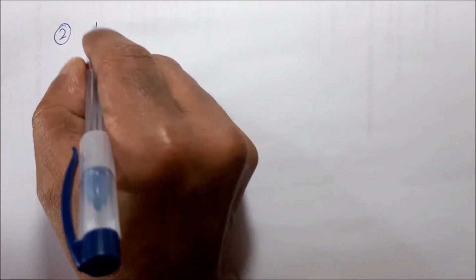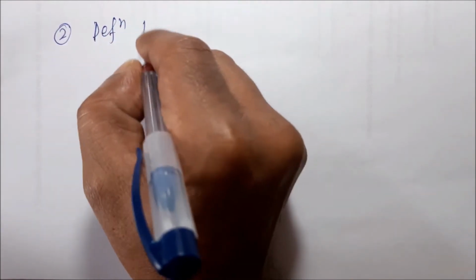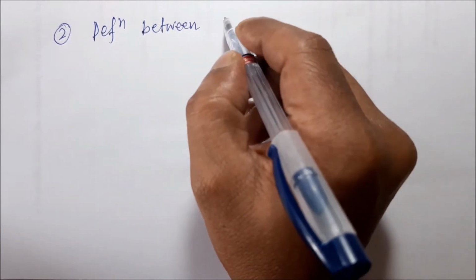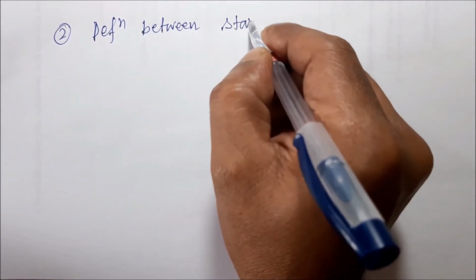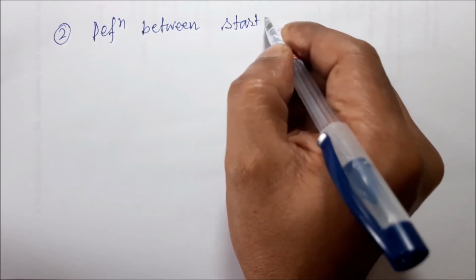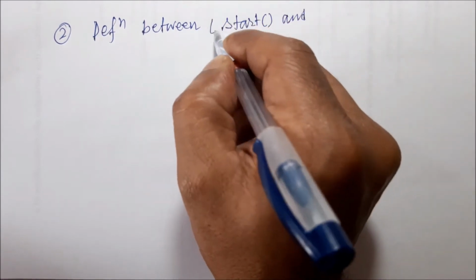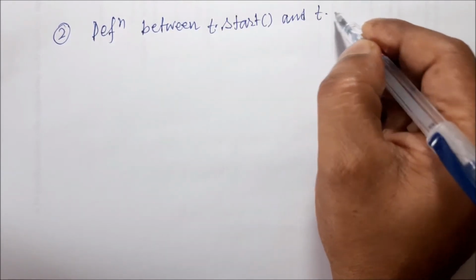The second point is the difference between the start method and the T dot run method.